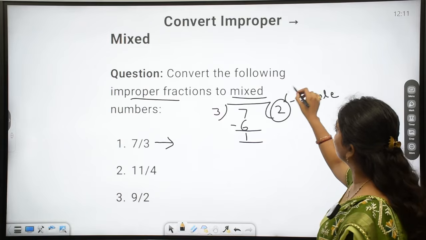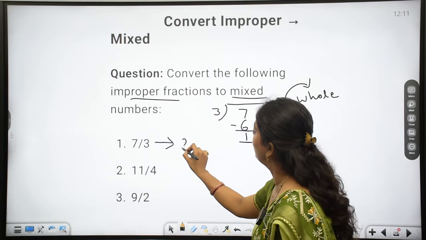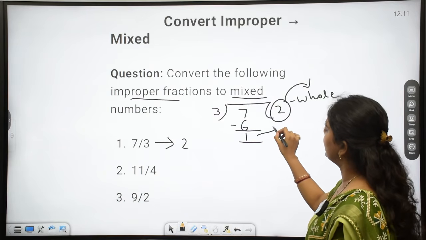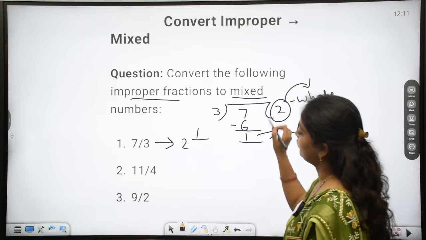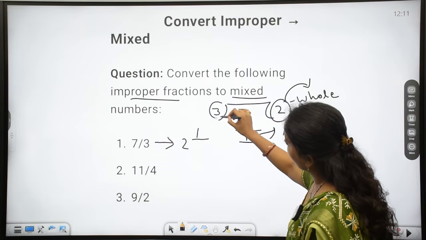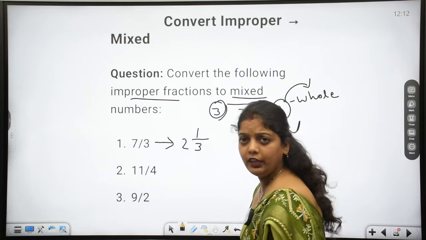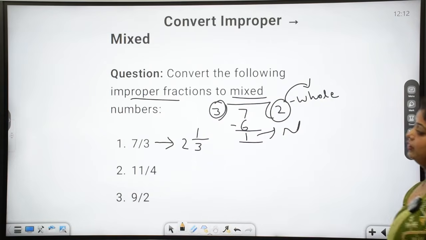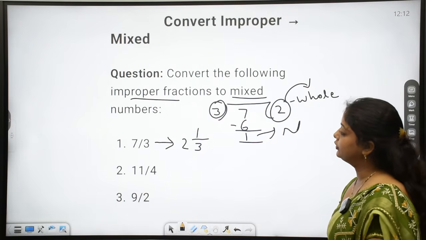So we take this quotient as the whole, and this remainder is taken as the numerator, and this divisor is taken as the denominator, or we can also say that the denominator will never change. This is our mixed fraction, 2 whole 1 by 3.